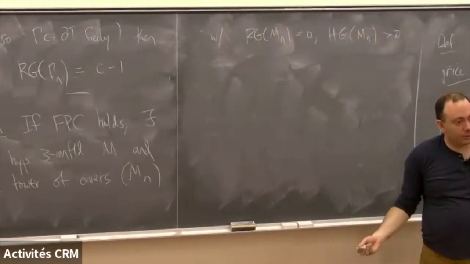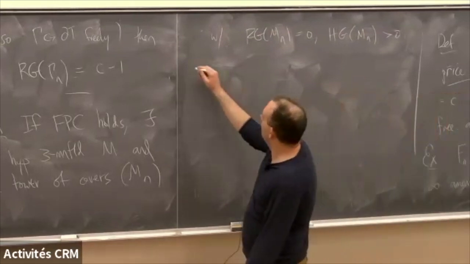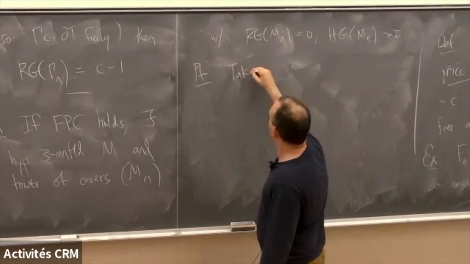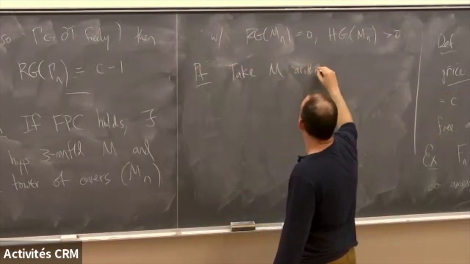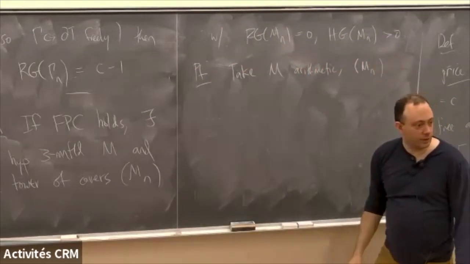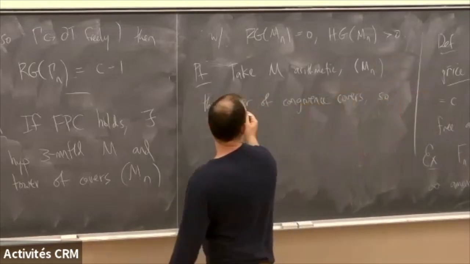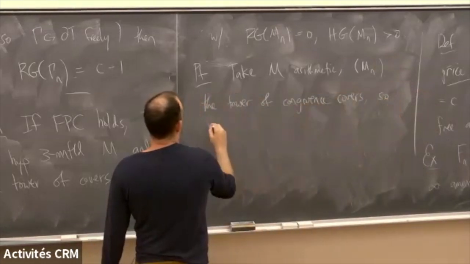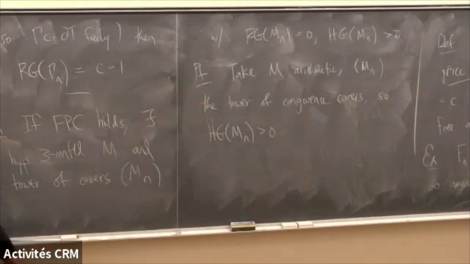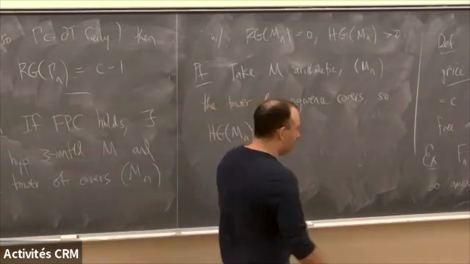And this is like a two-line proof given what we did earlier. You just say: take M arithmetic, and M_n the tower of congruence covers that we talked about earlier. The Heegaard gradient is positive. I don't know how to calculate the rank gradient of that chain, but I know how to calculate the rank gradient of a different chain, namely the one coming from mapping tori.